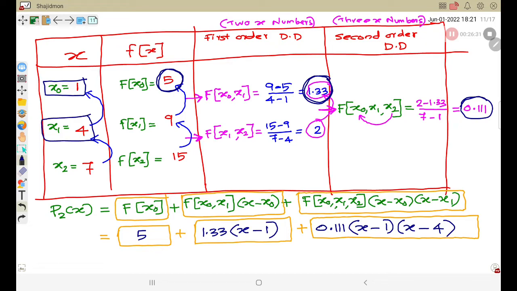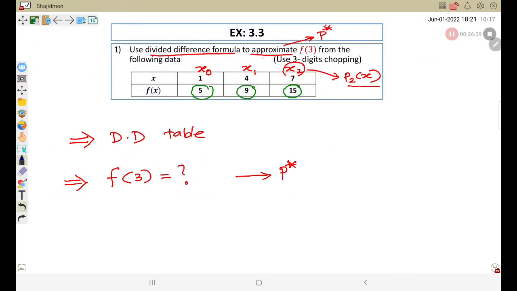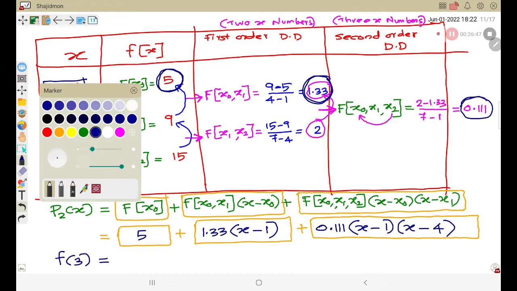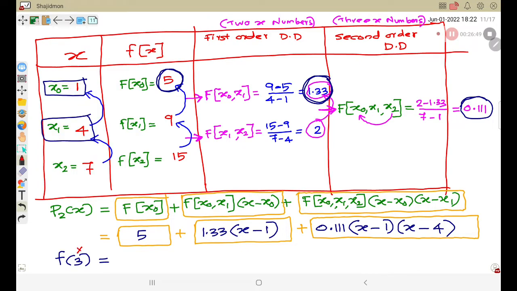So we got P2 of x now. This is the second degree polynomial. Now we are going to do the approximation. We need to find f of 3, so we put x equal to 3 here.